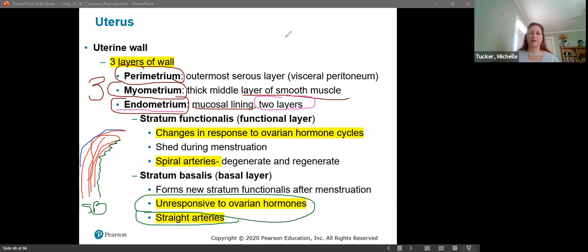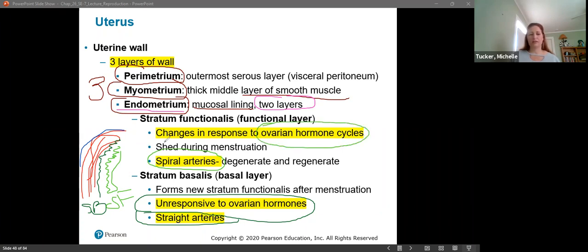The stratum functionalis is going to be the one that is closest to the lumen. It has spiral arteries, which we'll talk about in greater detail later, and it is responsive to changes in ovarian hormones.